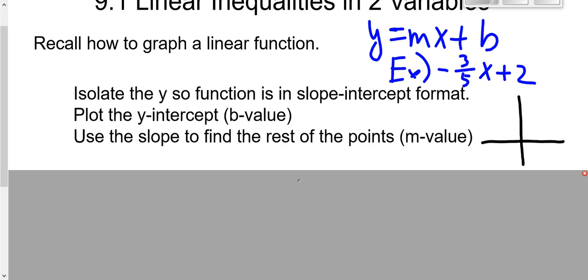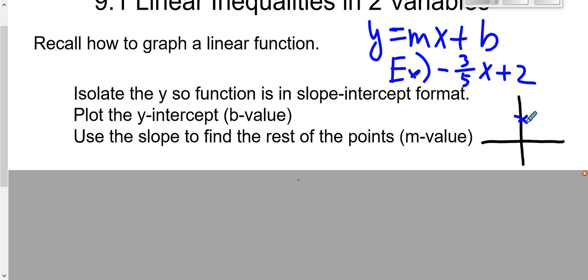Of course you can graph this on your graphing calculator, but I hope you can do this in your head. What you need to do is substitute 0 for x. That will give you the y-intercept. So 0 times this gives you 0, 0 plus 2 gives you 2. That means we have a point here.